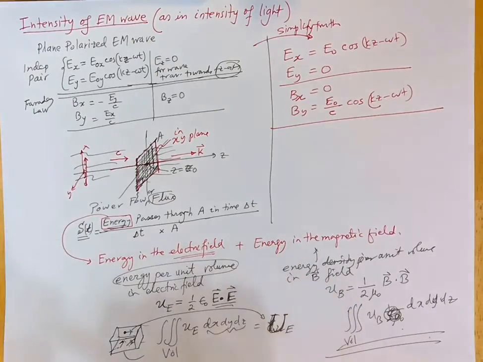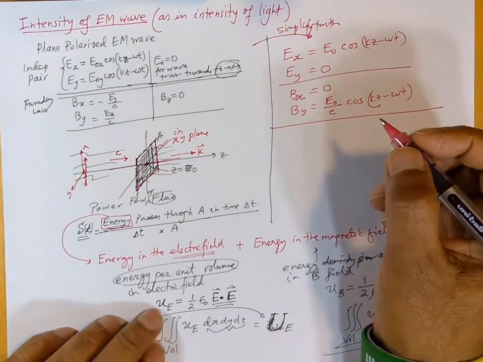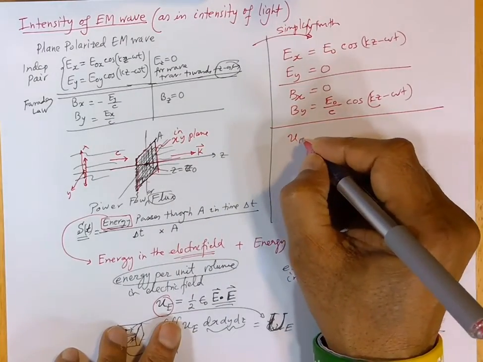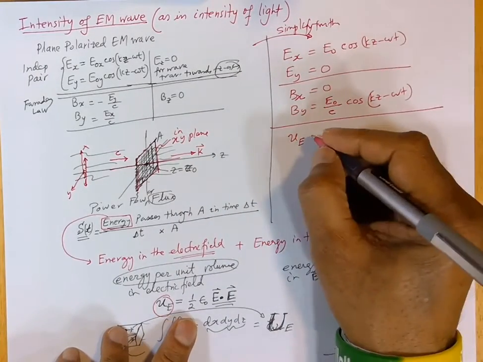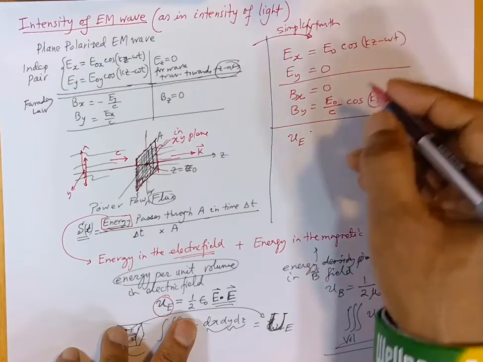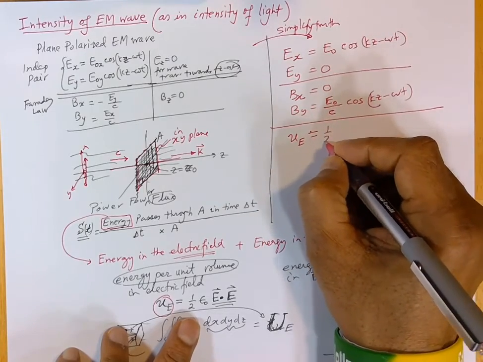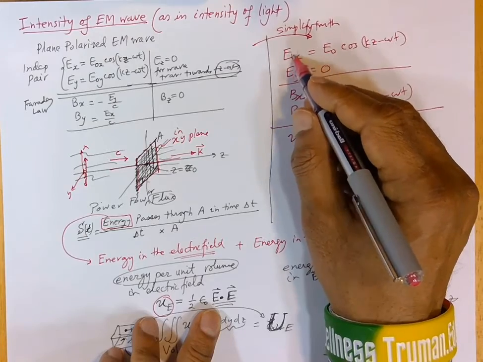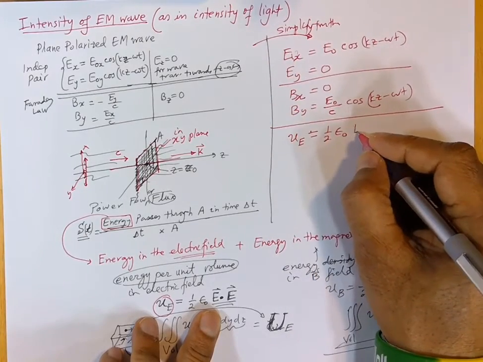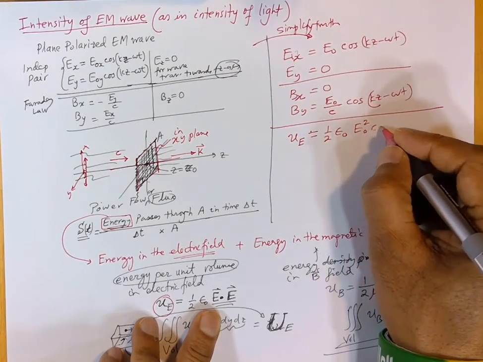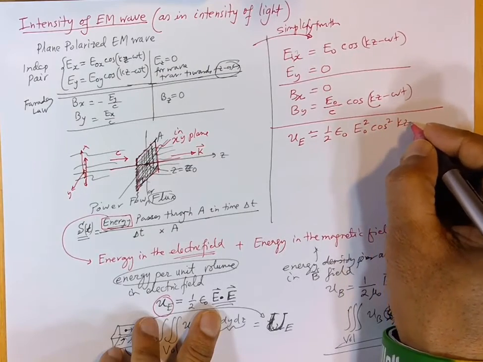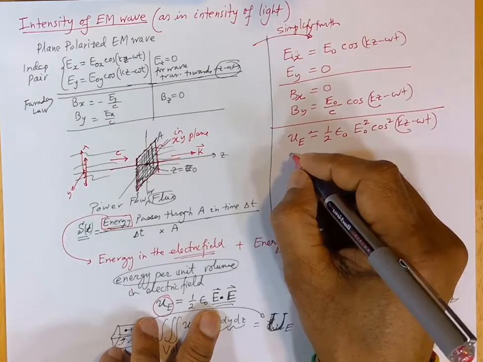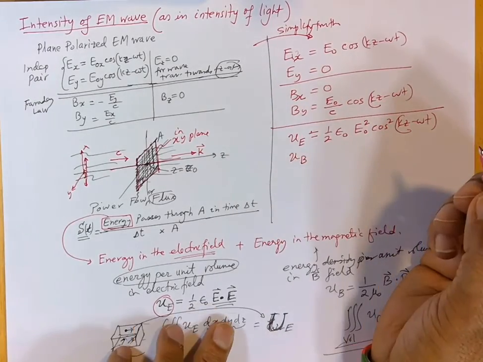Well, how much is this UE? UE, which is a function of z and t now, is going to be half epsilon naught times the dot product of E with itself. That's going to be E0 squared cosine squared(kz minus omega t). How much will UB be?